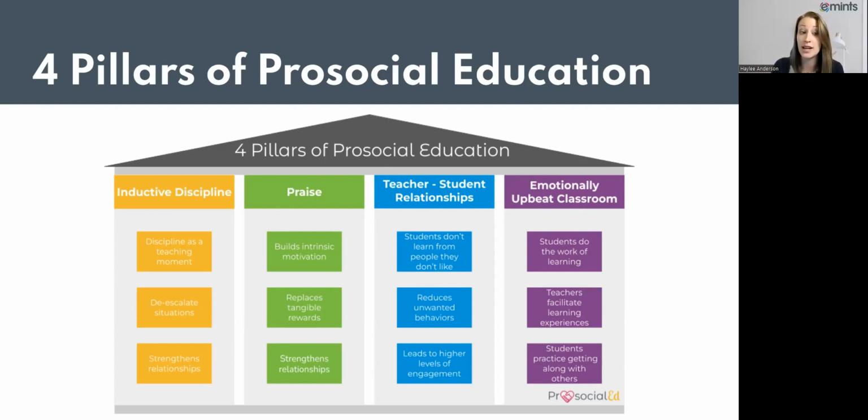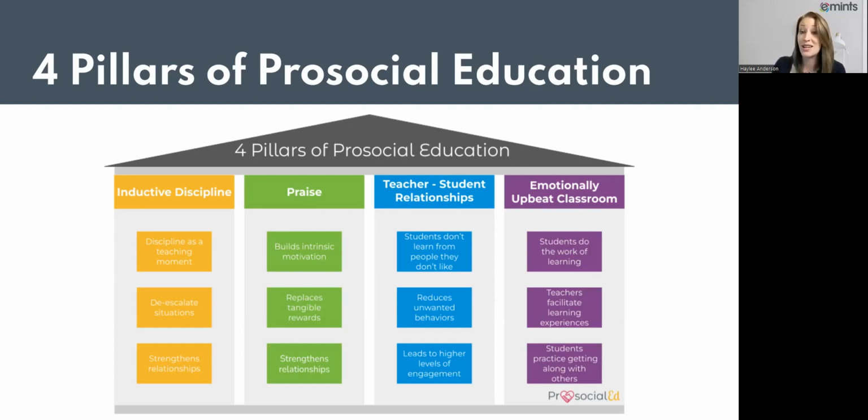When it comes to praise, it builds intrinsic motivation. It replaces tangible rewards, and it also strengthens relationships with students. Praise is one of the easiest strategies you can use with students to build a relationship with them. For teacher-student relationships, students don't learn from people they don't like.